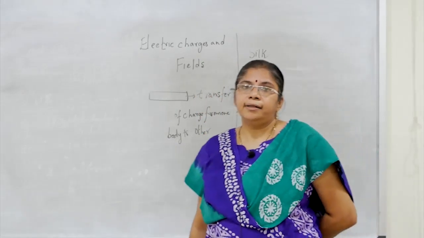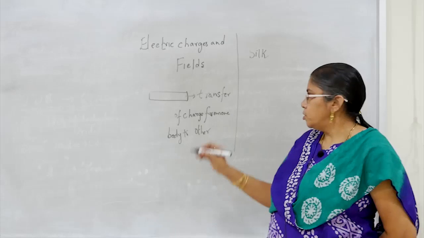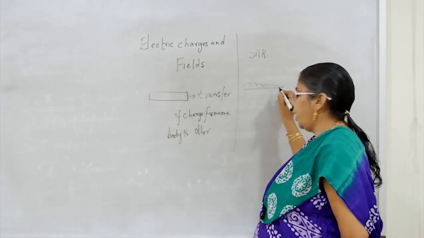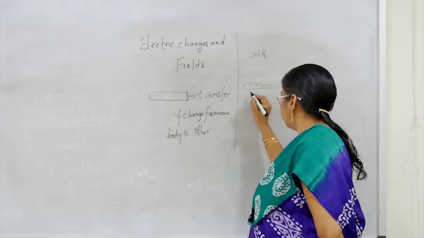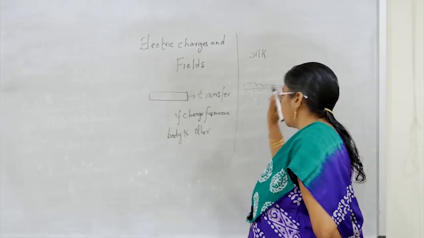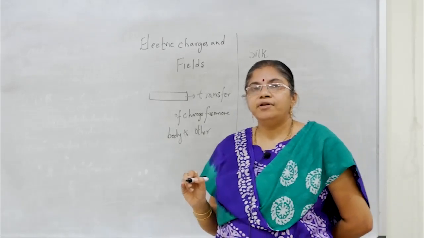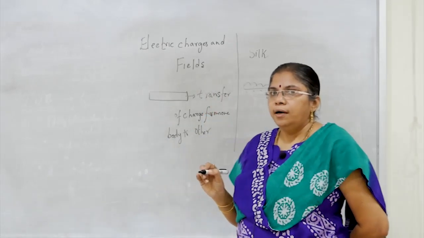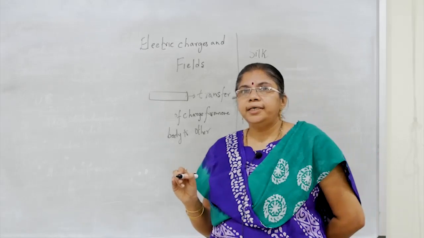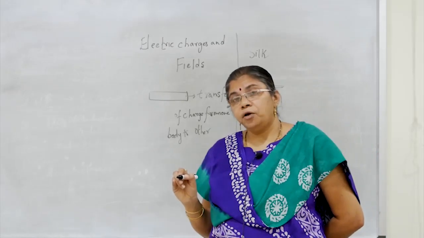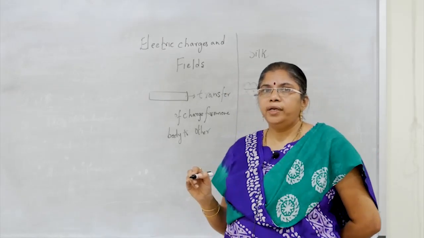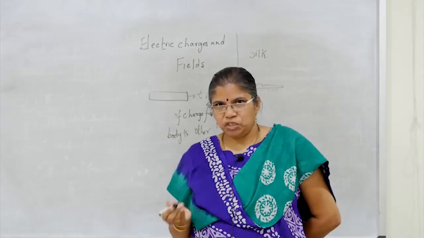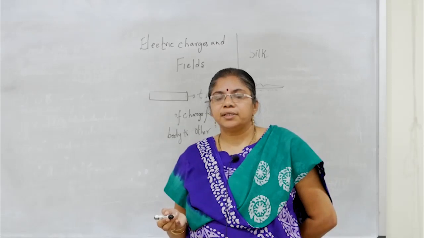Similarly, we can take other examples. Suppose I take a comb and I put pieces of paper near it. These pieces of paper will not get attracted towards the comb. But when you take the comb near the hair and you brush it, what happens?